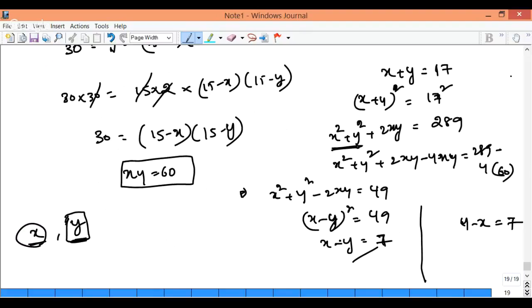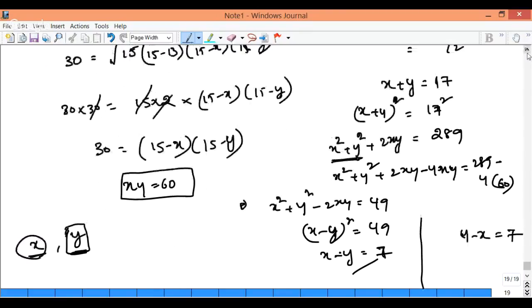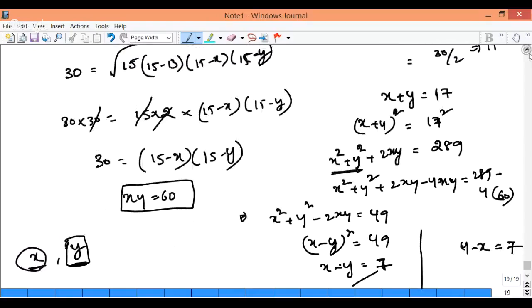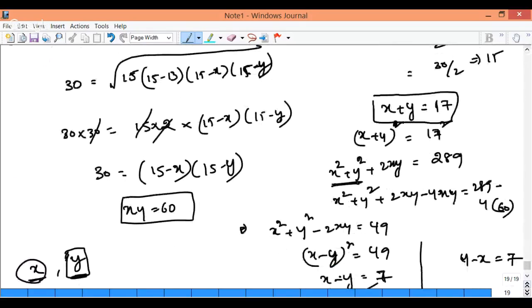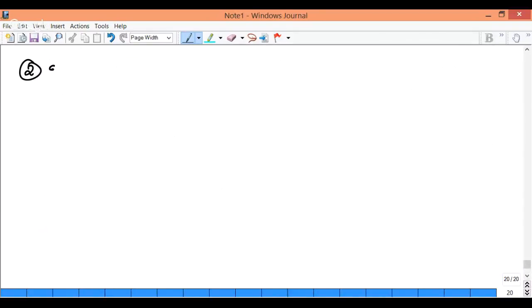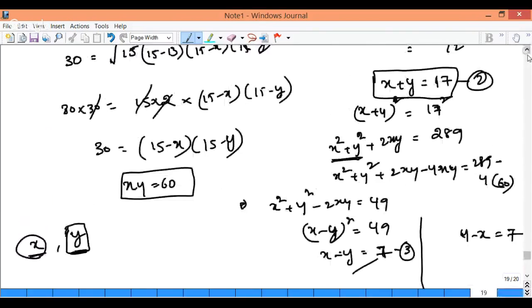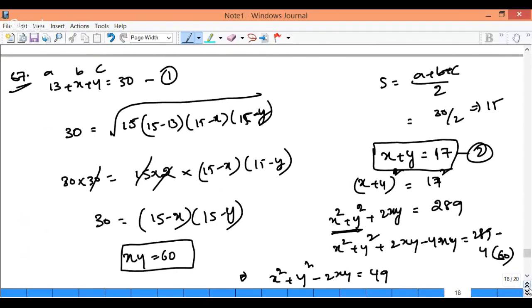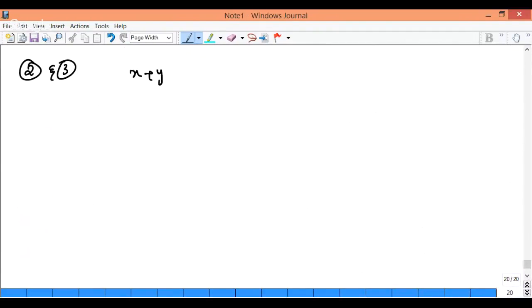Now I got x minus y is equal to 7, and in the first equation we had x plus y is equal to 17. Let us consider this as the second equation and this as the third equation. From the second and third equations, x plus y is equal to 17, x minus y is equal to 7.